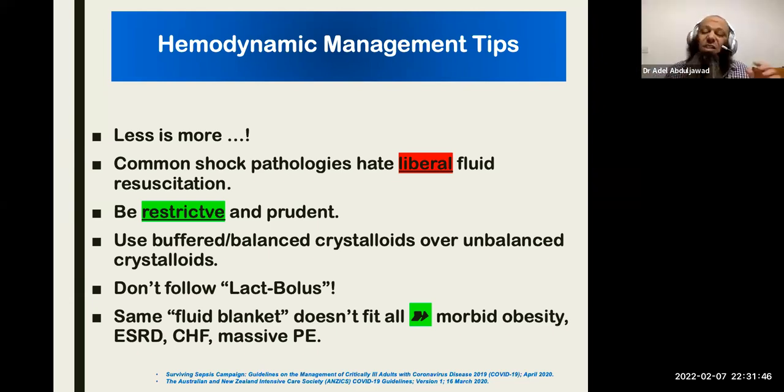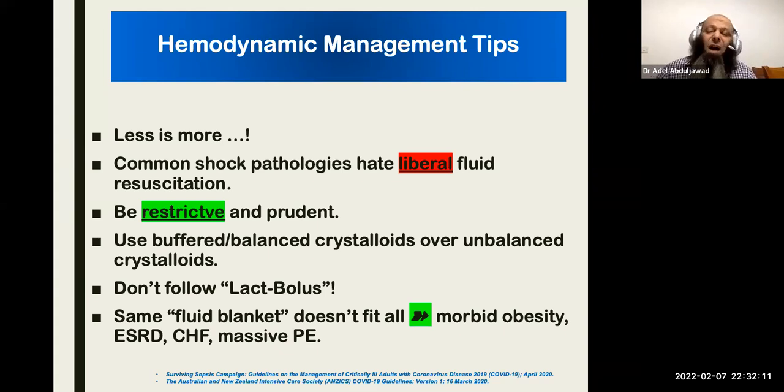For a patient with end-stage renal disease who's anuric on dialysis, are you going to give him this amount of fluid? A patient who has mixed shock with congestive heart failure, are you going to give him the same amount of fluid? A patient with massive PE whose RV pressure is high and who presents with shock, are you going to give him the same amount of fluids? So remember that the fluid blanket does not fit all.